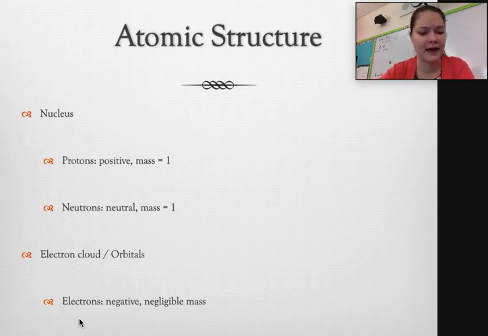That's where you have the formation of ions. The addition of an electron is going to make an atom more negative, and that is called an anion. On the flip side, if you lose electrons, that is going to cause the atom to become positive. Fewer negative charges, more positive, and we call that a cation.